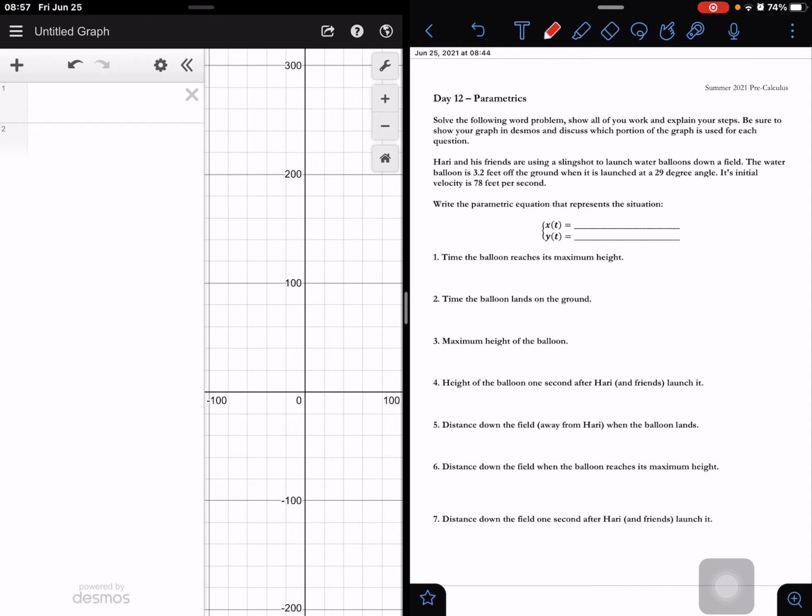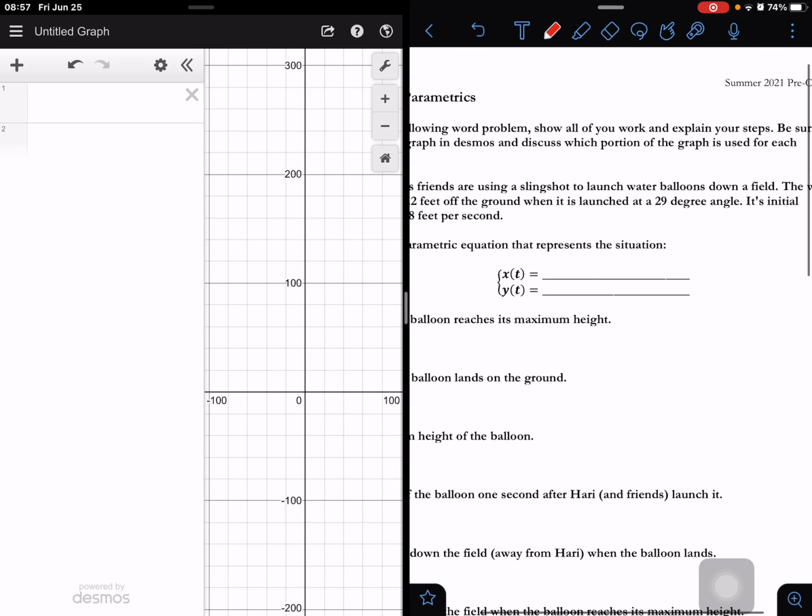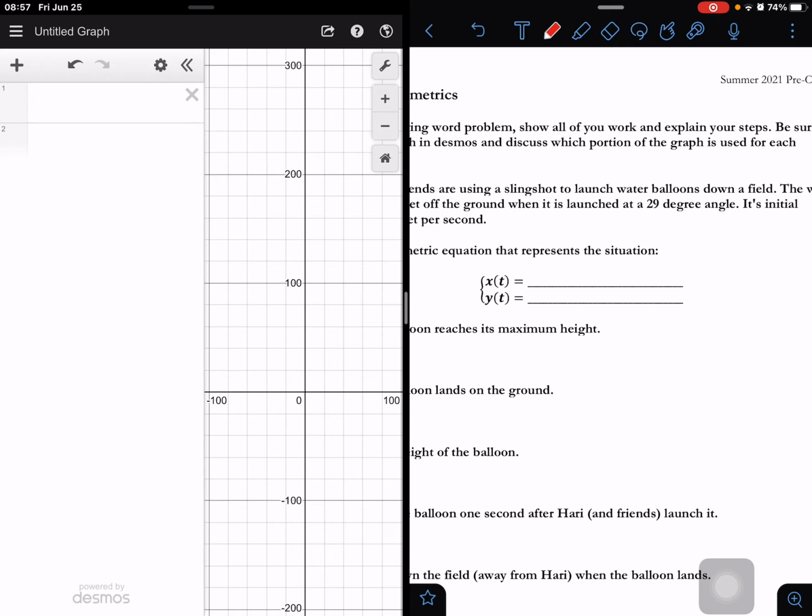Alright, so first we have to write these equations. For the x part, we write the velocity times time, so 78t times the cosine of whatever angle you're launching it at, so 29. For the y part, it would be -1/2 times the gravitational pull, which is 32 feet per second squared, so we end up with -16t squared.